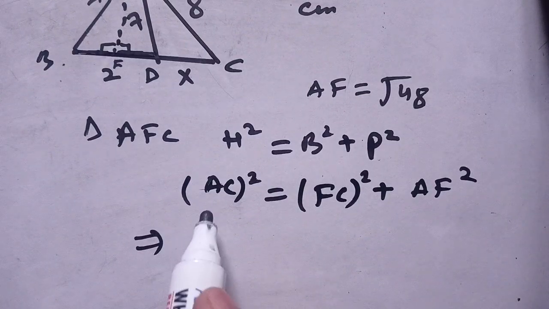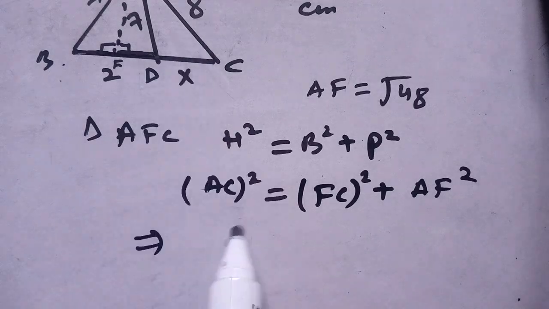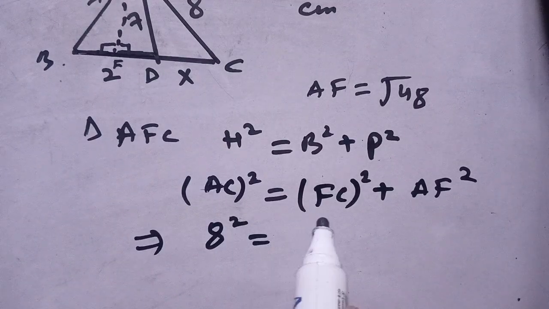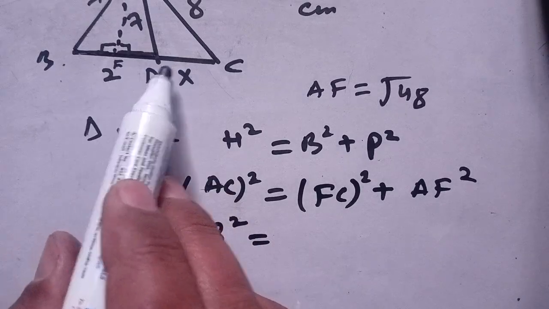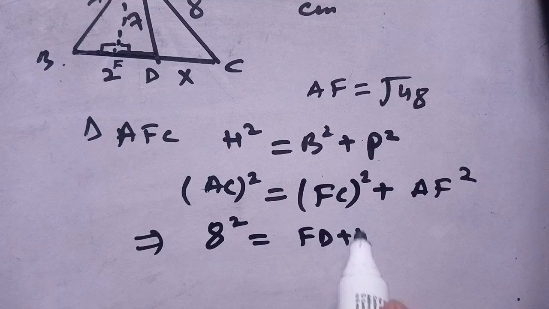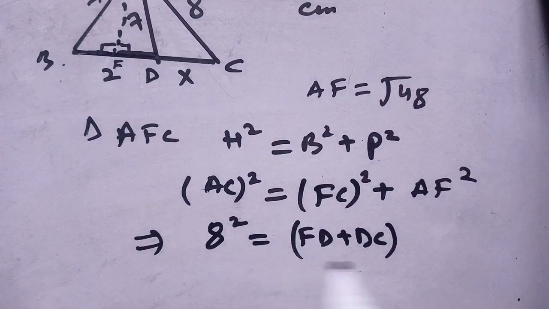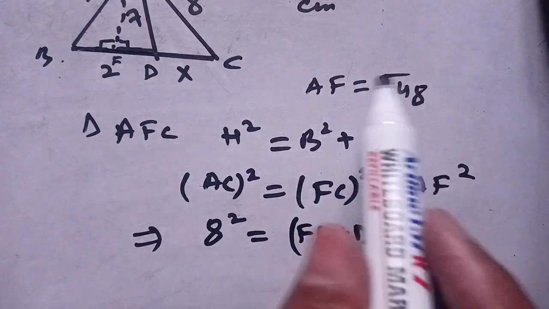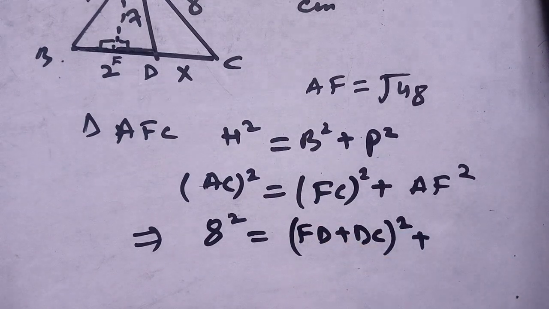Now AC is given as 8, so 8 square is equal to FC, which is FD plus DC, squared, plus AF, which we found to be square root of 48.